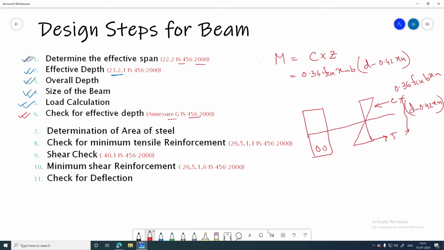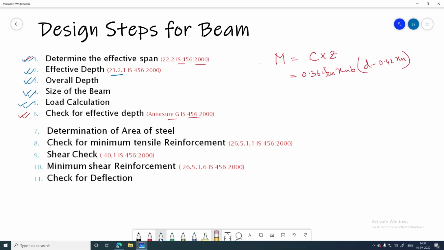Now look, I am just removing this one. If you simplify, or you just write it like this, fck xu by d, then you need to put here a d and b is there, and you take this d common and here is another d. So 1 minus 0.42 xu by d, right? Now if you put here the Mu limit, because it is the limiting condition, because we are providing max here and max here too, so it is the maximum value.